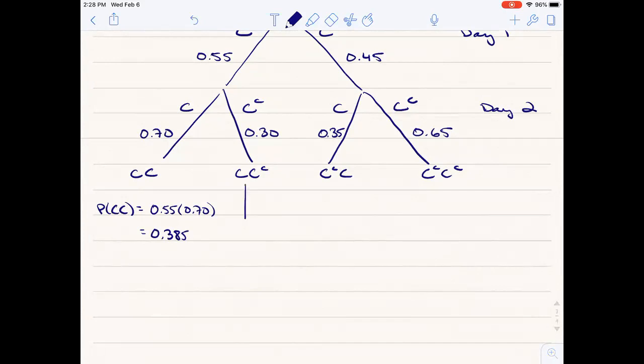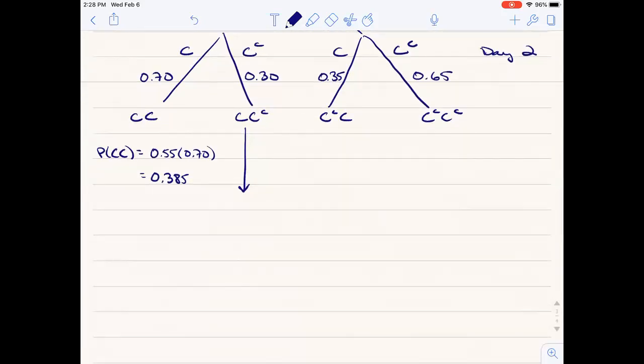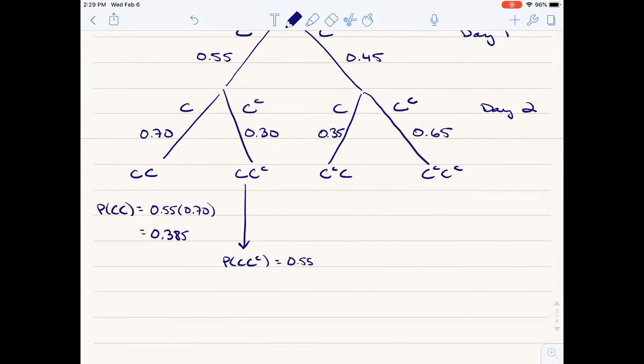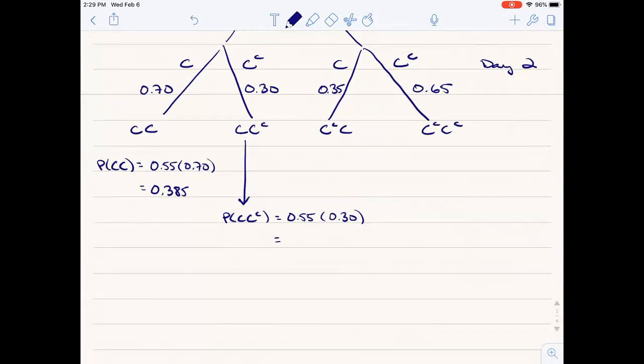Just give myself a little bit more room here. So the probability of a clear day and then a not clear day is 0.55 times 0.30, 0.165.